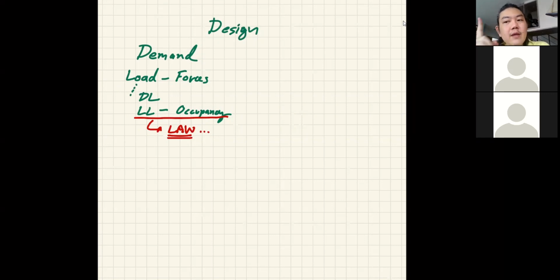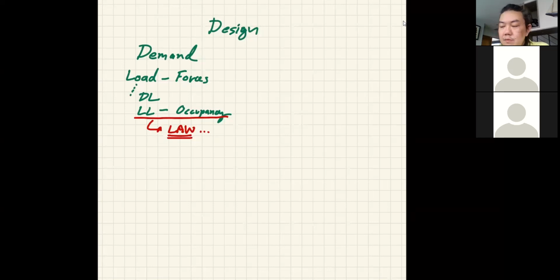But if you think that the number given by the law is too low, you must use your proper engineering judgment to increase it. You as an engineer must take full responsibility of the number you use for the design. Even though the law says this is the minimum number that you should use, but if you feel like that number is not enough in some cases, you must know it and use the proper number by your own judgment.